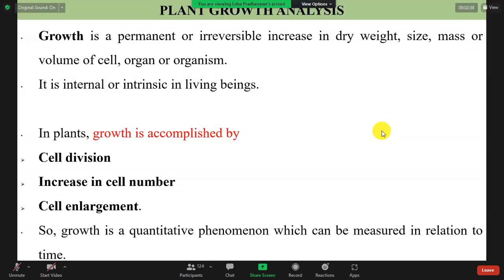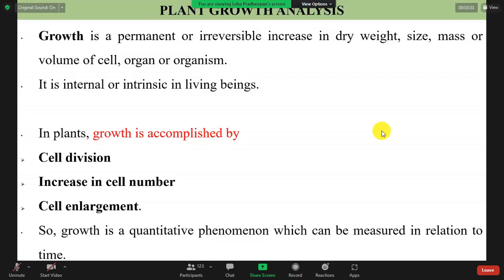That is growth. This is something internal that we can see in living things. Growth happens in plants as well as in animals.